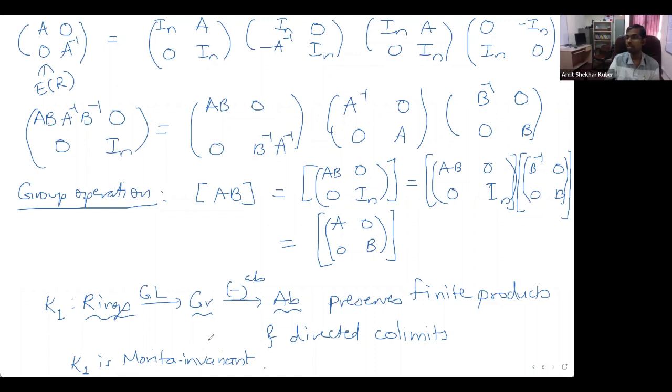This property will be true for all K groups; all K groups will be Morita invariant. So in particular, K1 of a ring is the same as the K1 of the matrix ring of any finite size.